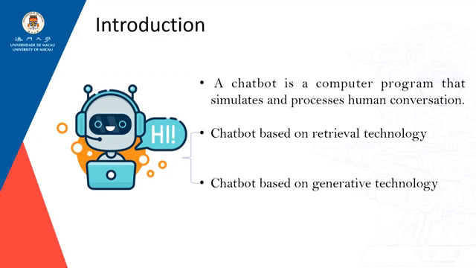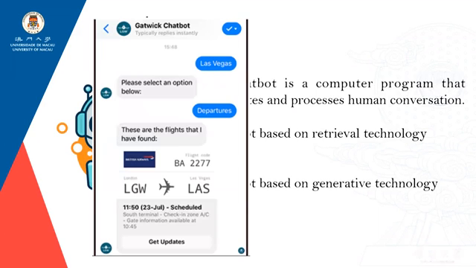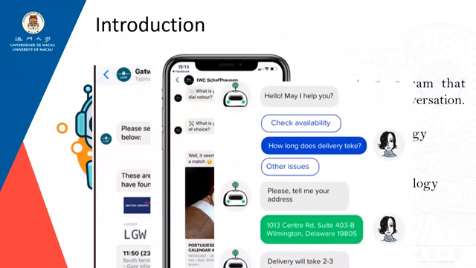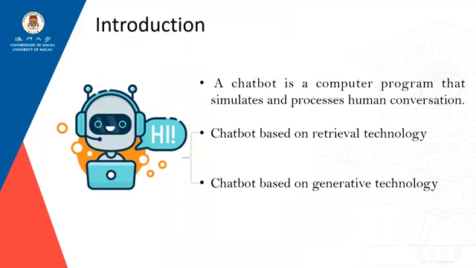Retrieval chatbots are often used in more commercial areas. A growing number of brands are using chatbots to serve their customers. Generative robots can engage in casual conversation with humans that is more like real people. In this project, our goal is to achieve a generative chatbot.